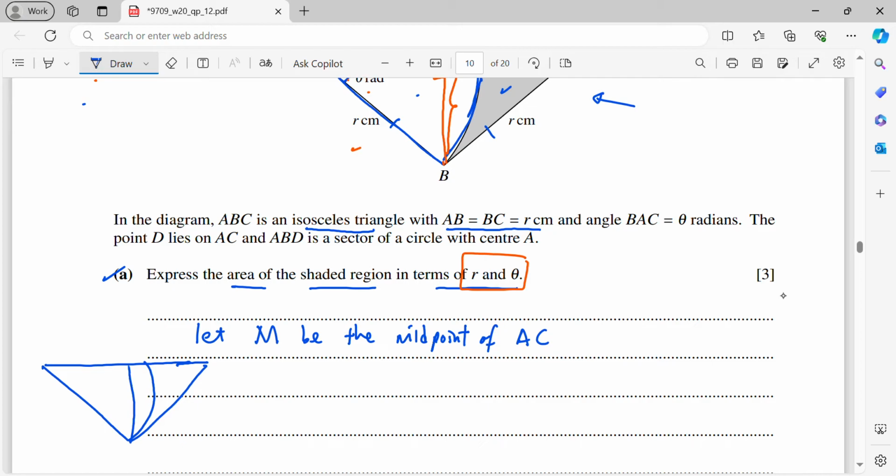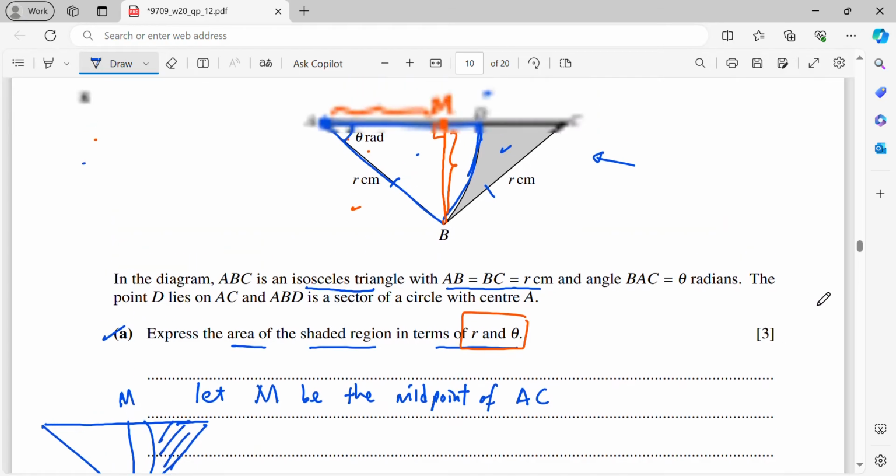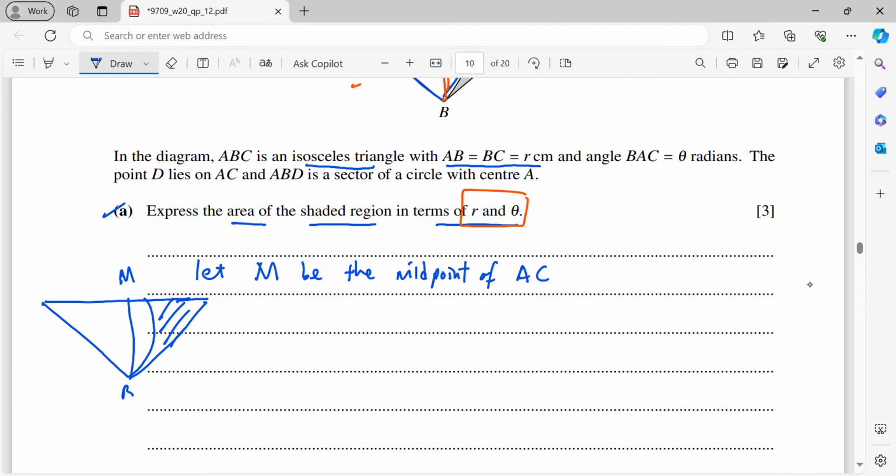So this is the midpoint, M. This is a shaded region. Okay, so B, C, A. This is theta. Here is R. This is R. Straight line.